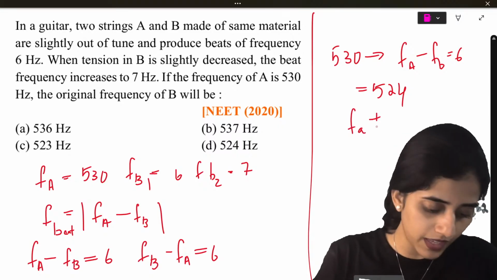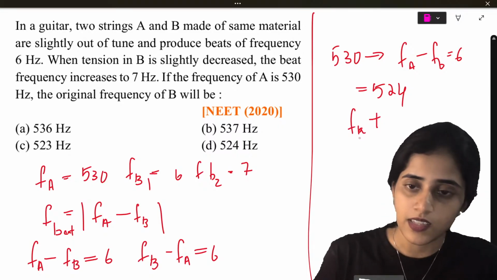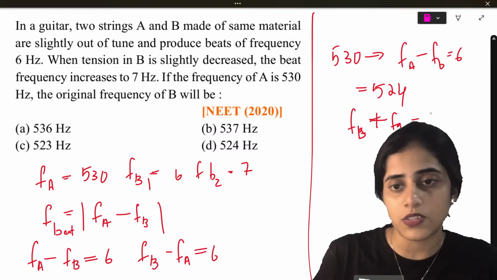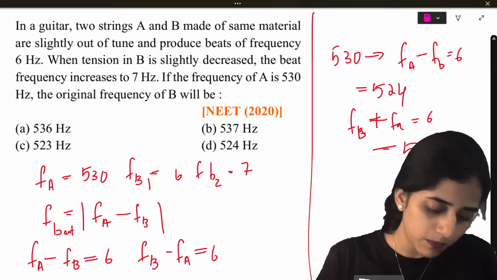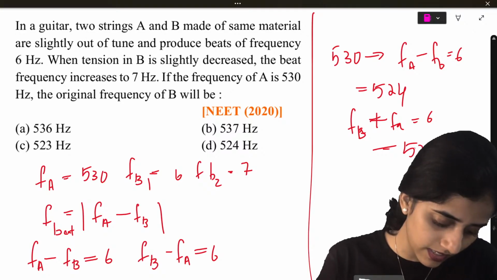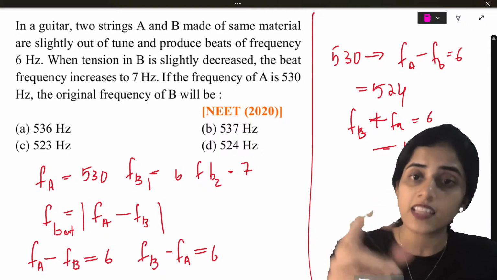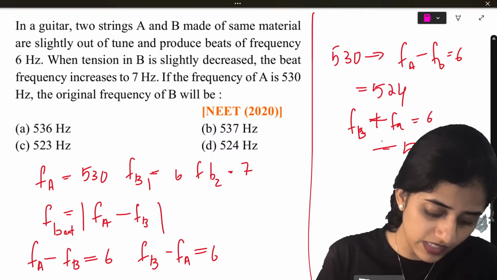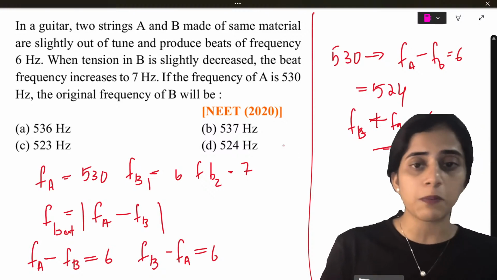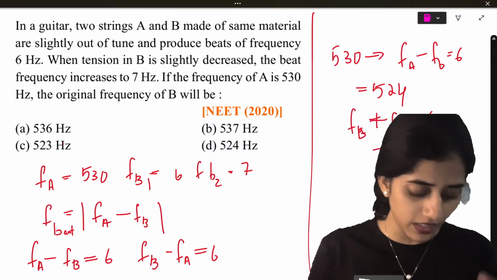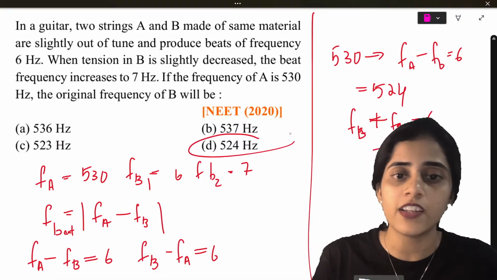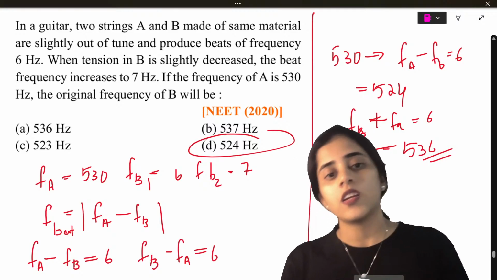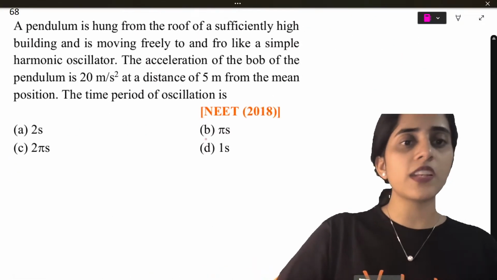Now F_B minus F_A is equal to 6, you will get 536. But since in the question it says that when the tension is decreased in string B, the frequency decreases, the frequency of B is more likely to be the lower value, which is how much? 524. Okay, superb. Let's move on to the next question.